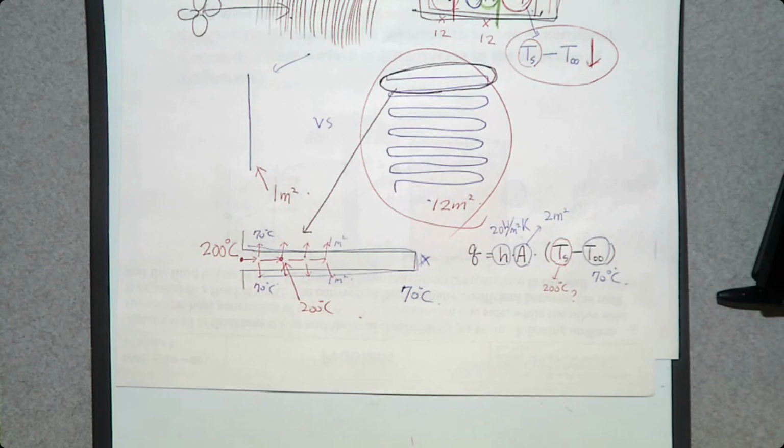What is the second law of thermodynamics? Heat transfers from high temperature to low temperature. If the temperature in the middle of this fin is 200, what is the temperature difference? 0. Is there heat transfer? No. So the temperature inside the fin should be less than 200.